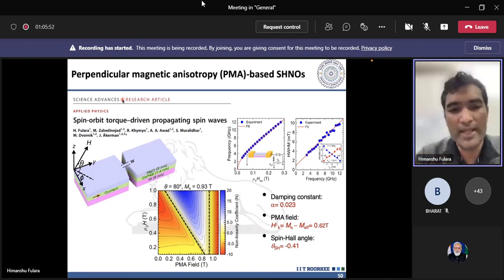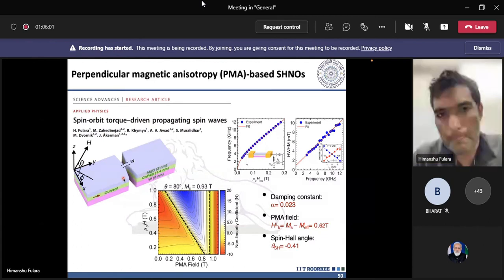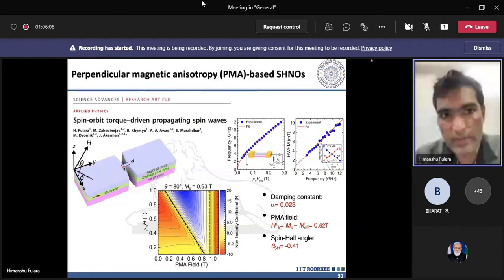What I'm trying to say is that if this layer has a very strong perpendicular magnetic anisotropy, it can be easily magnetized along this particular direction. That is why we call it perpendicular, because this anisotropy is perpendicular to the film plane. So when you try to magnetize this layer, which you often do during applications, you can easily magnetize it. We basically utilized this perpendicular magnetic anisotropy in our devices.